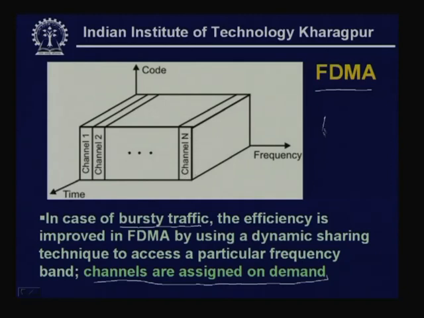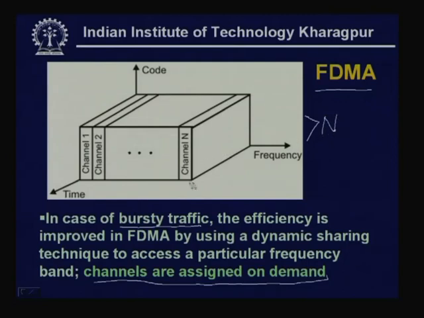So, if you have n channels, since each channel can be shared by more than one user, the total number of stations that can be provided service can be greater than n. If it is statically allocated, then the total number of stations that can use this service is equal to n.